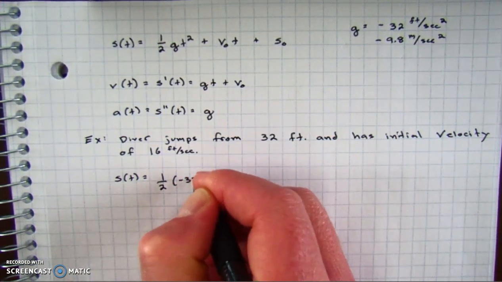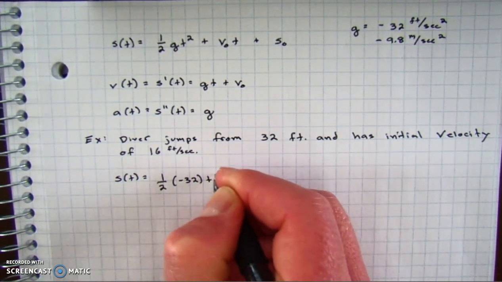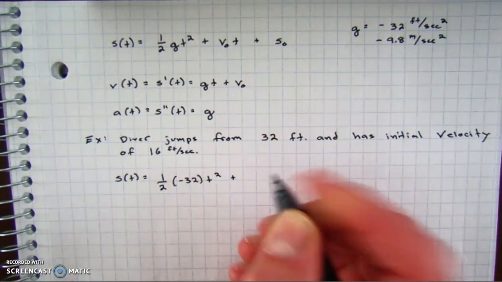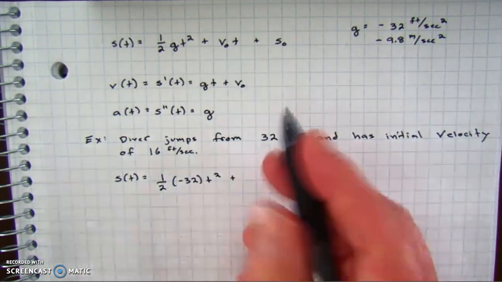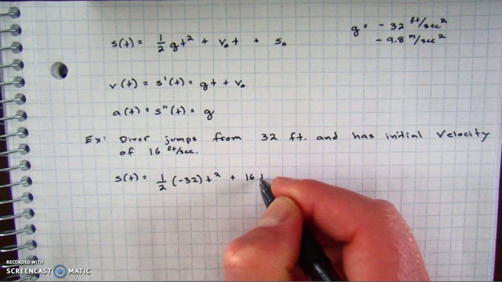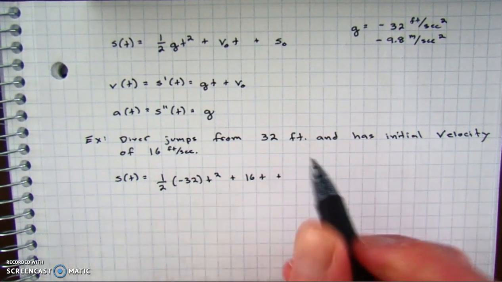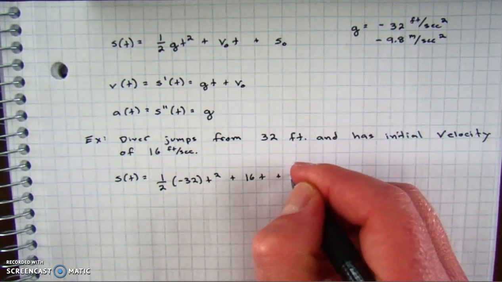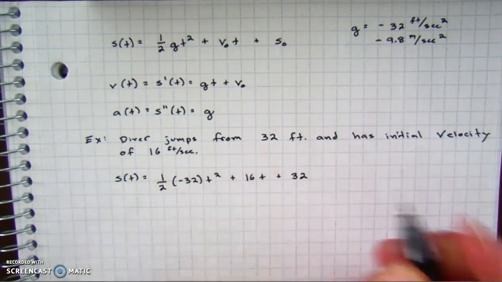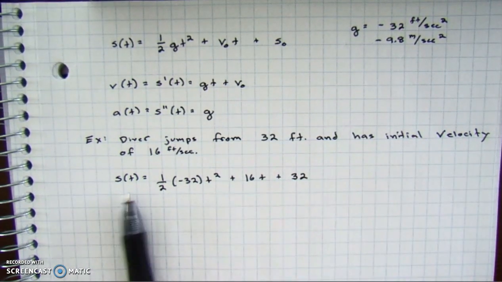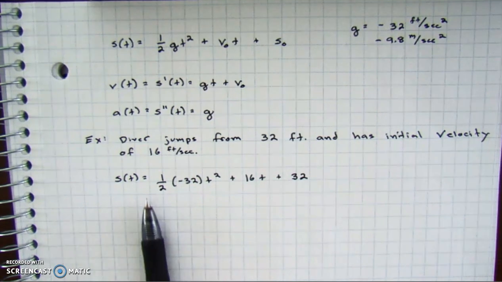So 1/2 negative 32 t squared plus your initial velocity 16t, plus how high, 32 feet above. So this will give the position at any time t of this diver.